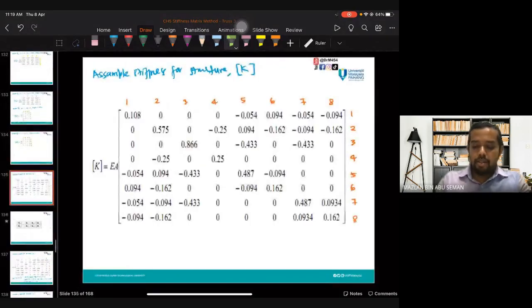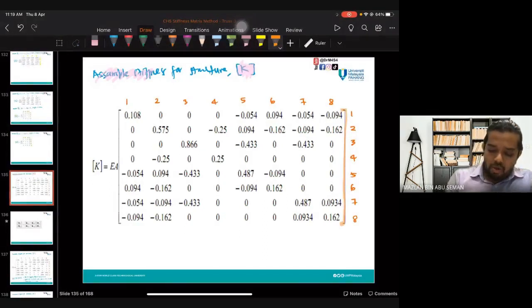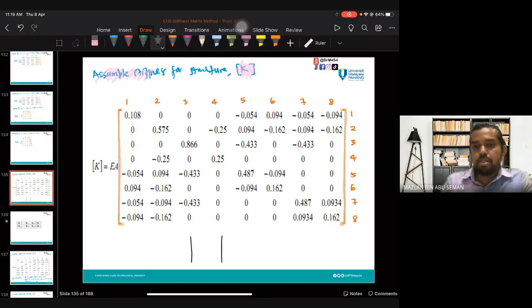Then you have to assemble the stiffness for the structure, which is capital K. And please bear in mind, this shape refers to your matrix. Don't simply do it like this, because it has a different meaning. So do it like this.